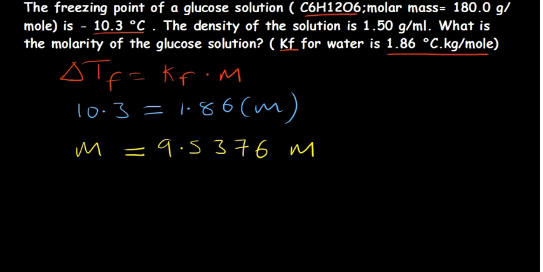What else do we have? So at this point, since we have the molal concentration, all we just need to do is now to convert this to molar concentration. That is all we need to do.